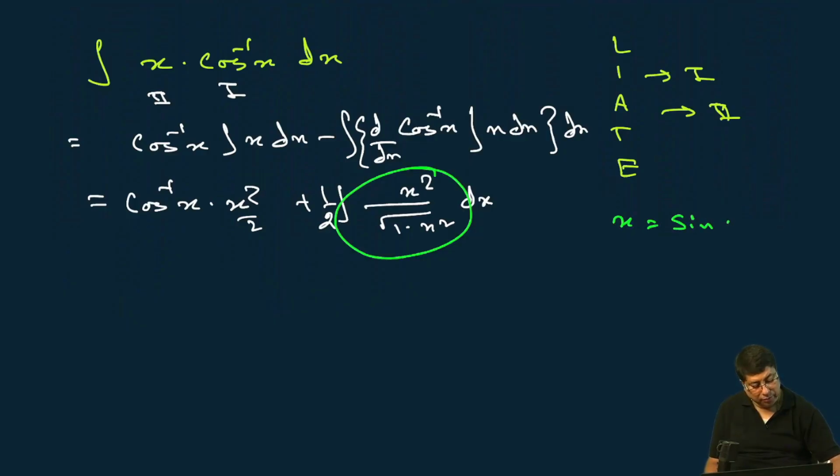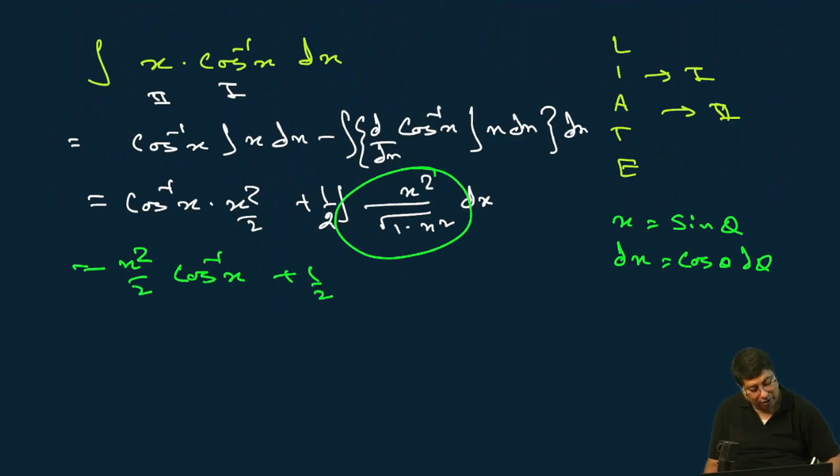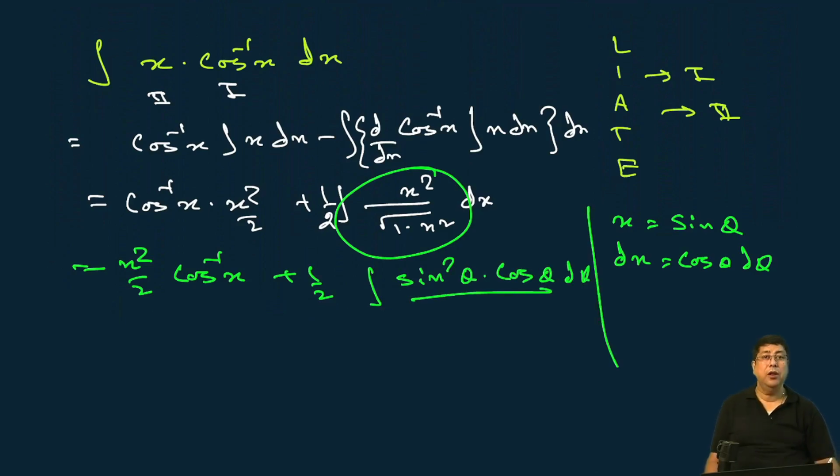So dx equal to cos theta d theta. Therefore, x square by 2 cos inverse x plus half, where dx is cos theta and x square is sin square theta, into cos theta d theta divided by the denominator root over 1 minus sin square theta, which is cos square theta, root cos theta.